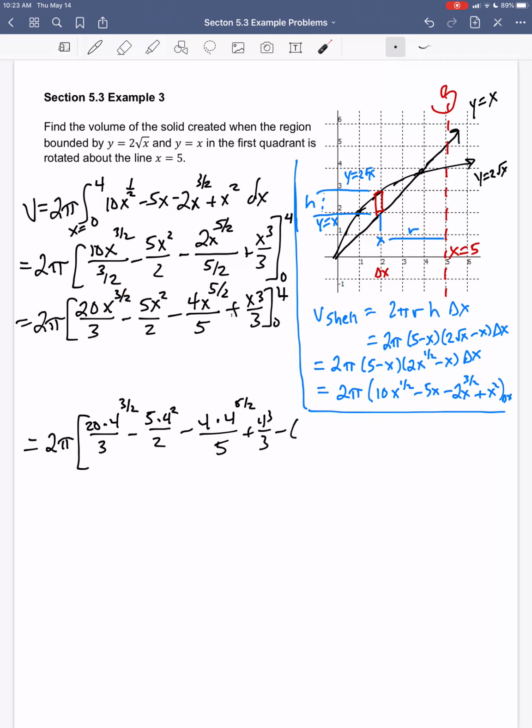Well, in each case here, 0 to a power is 0, so I get a whole lot of nothing. So 4 to the 3/2, again, remember, square root of 4 cubed. So square root of 4 is 2, 2 cubed is 8, 8 times 20 is 160. 5 times 16 is 80. 4 to the 5/2, the square root of 4 to the 5th power, right? Square root of 4 is 2, 2 to the 5th power is 32, 4 times 32 is 128.